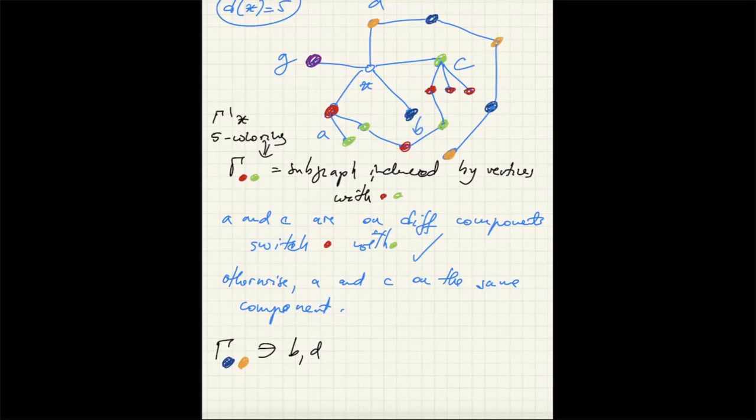But this vertex with golden is on the outside. And there's no way for me to connect them without crossing an edge. So that means that these two vertices, one with color dark blue and one with color gold, they have to be in different components, and therefore I can switch their colors.